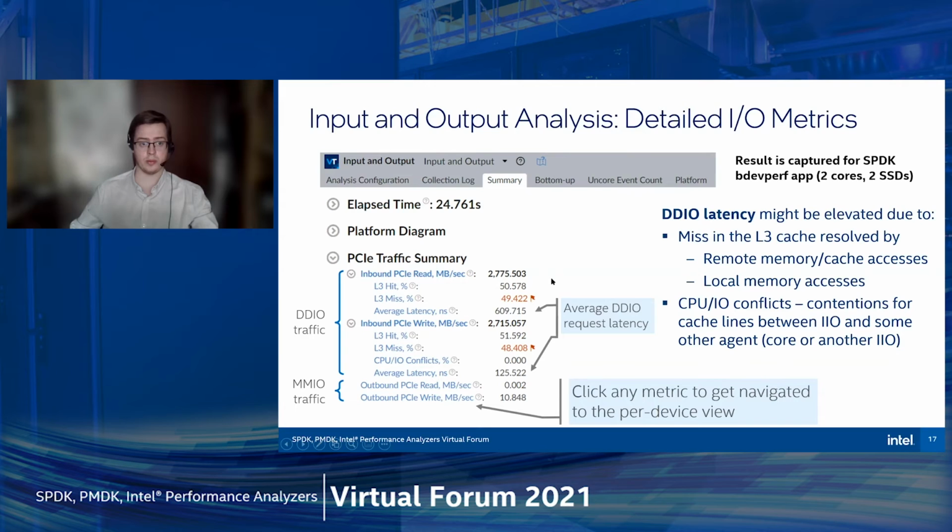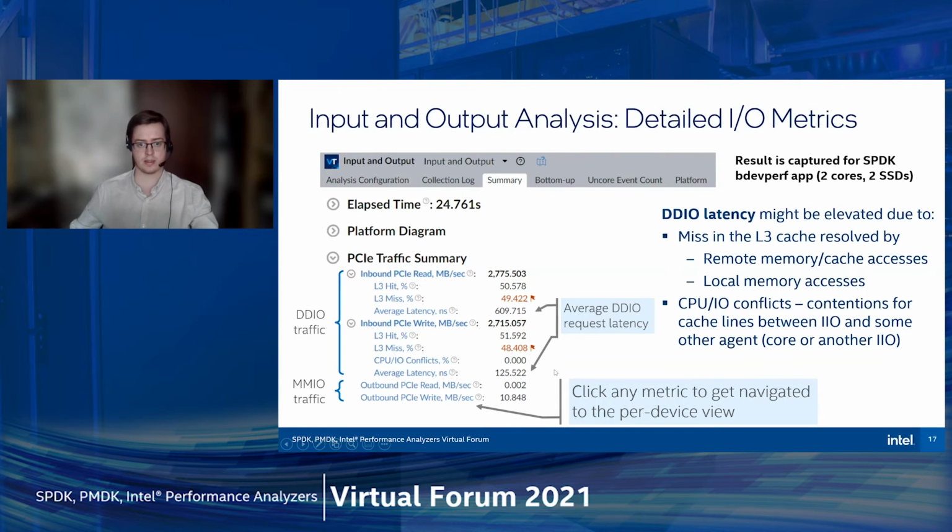Here you will see the itemization of the PCIe traffic, like how many inbound reads and inbound writes you had, how many MMIO reads and writes you had, and at the second level you will find the average latency for inbound requests, which is a good indicator of the issue.